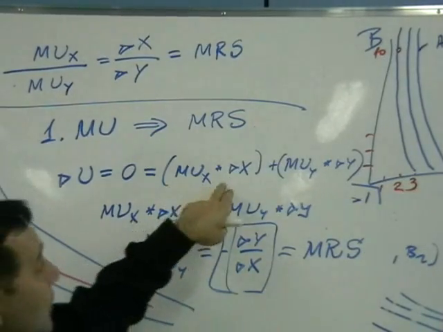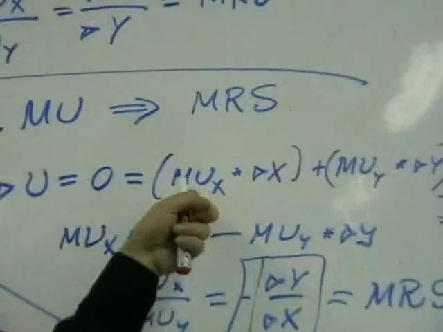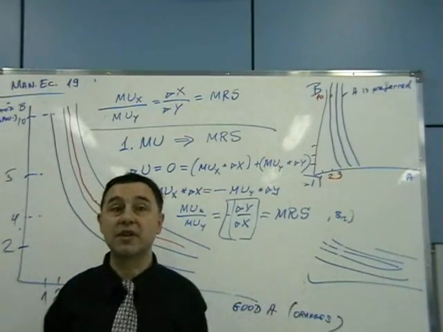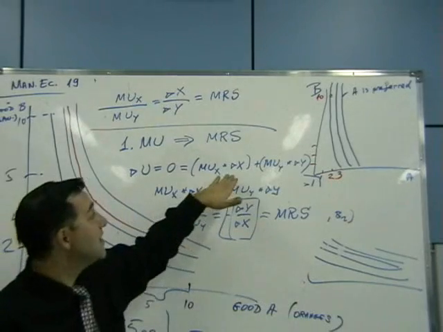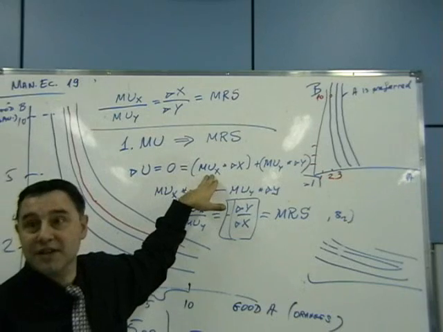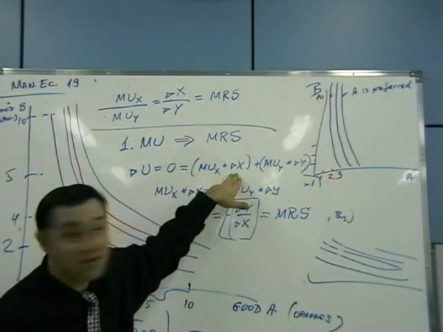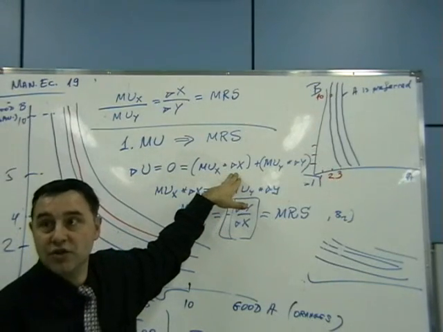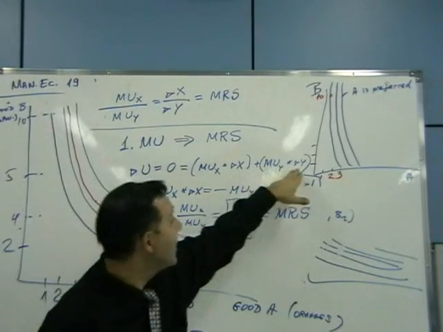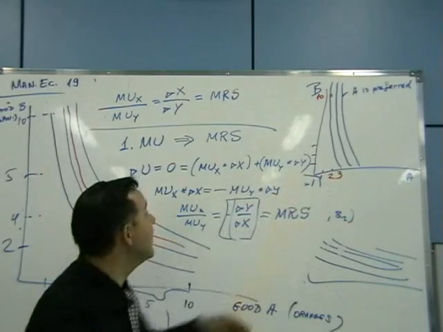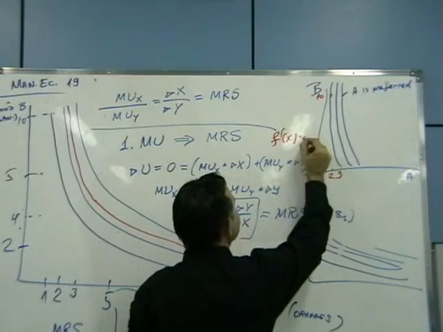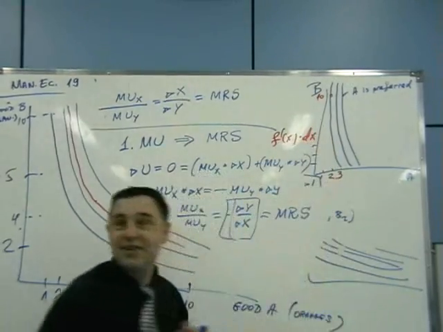This is a derivative with respect to two variables, with respect to X and with respect to Y. So the full derivative with respect to X is essentially the marginal utility of X, which is the first derivative times the delta, the change. And then the second term is the derivative with respect to Y times dY. It's like f prime of x dx, all right?